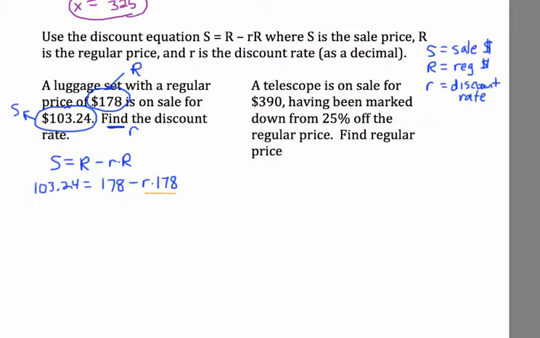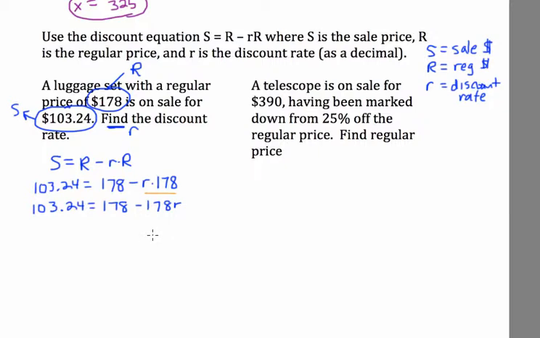We're used to seeing that with the 178 in front of the r, and since multiplication is commutative, it doesn't matter in what order you multiply things. I'm going to rewrite this problem as 178r, or negative 178r. Again, multiplication is commutative. I can switch those around if I want to.